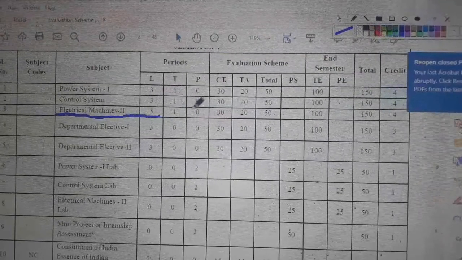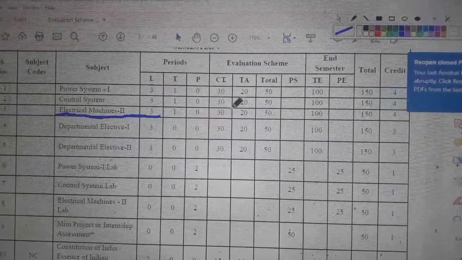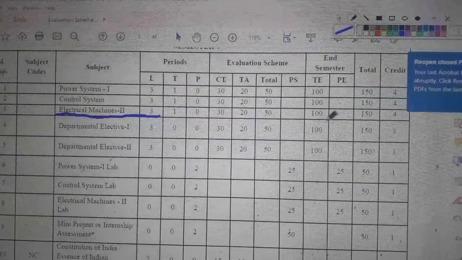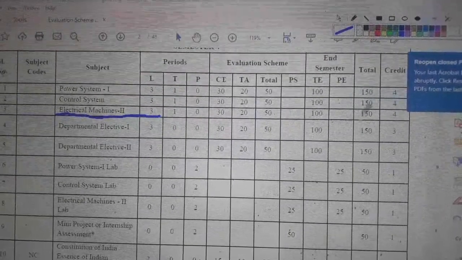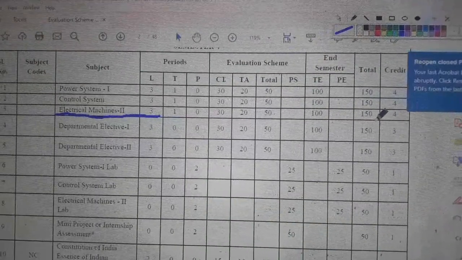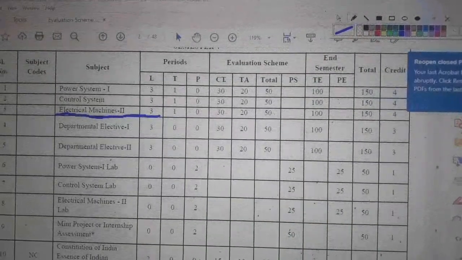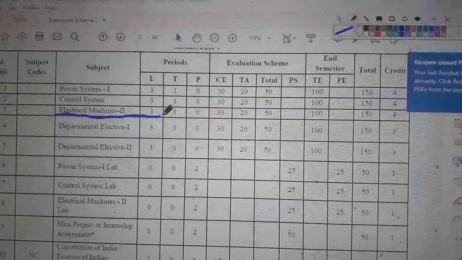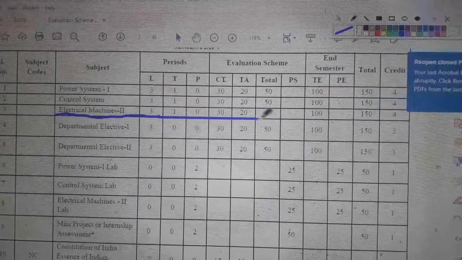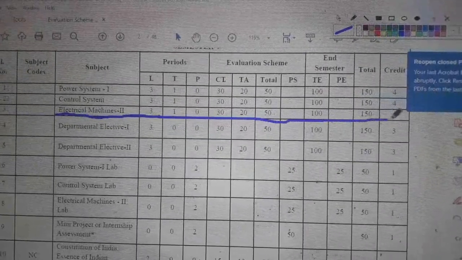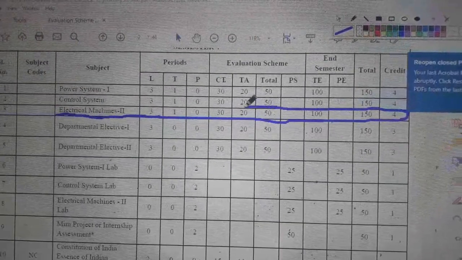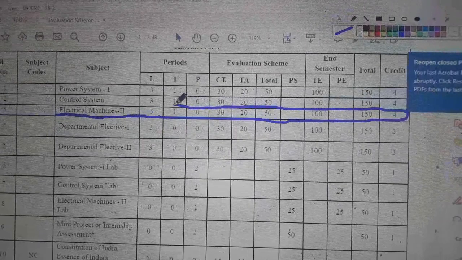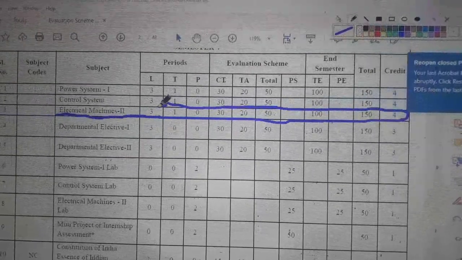Total 50 marks is the internal marks and external marks is 100 marks, and the total is 150 marks of electrical machine 2. This is the evaluation scheme of electrical machine 2.